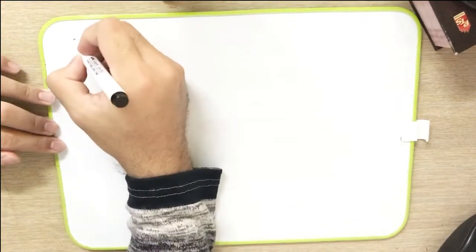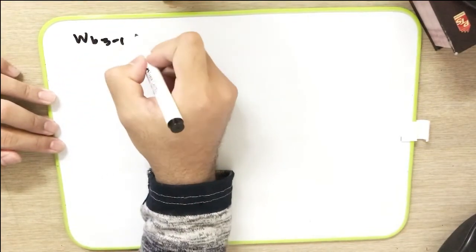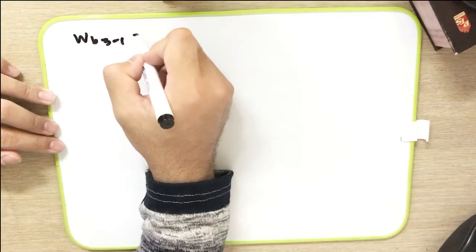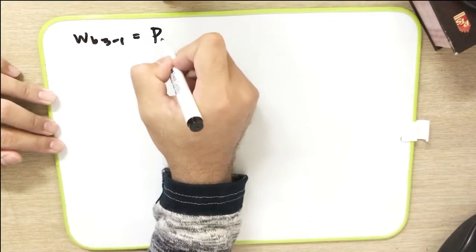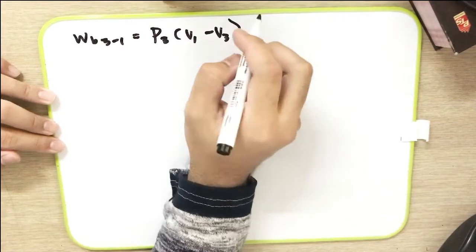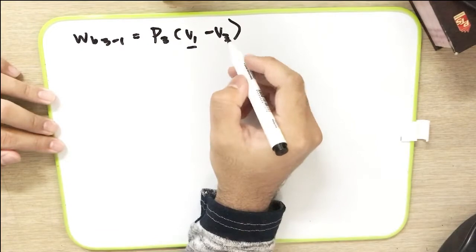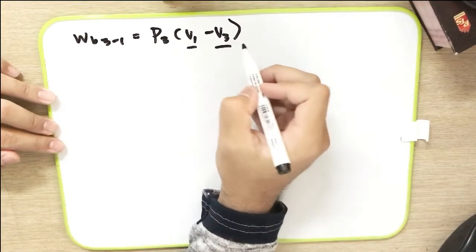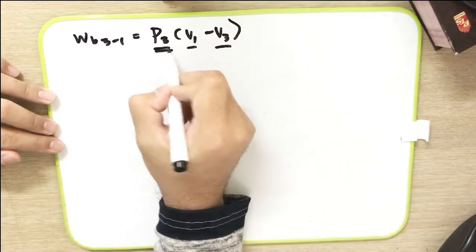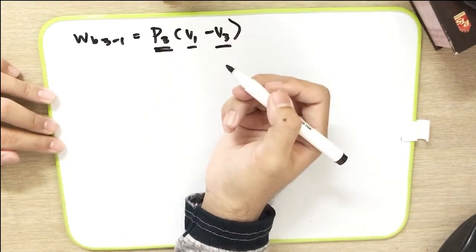Next, we find the boundary work from 3 to 1, which is at constant pressure, or isobaric, so we use this equation, P3 times V1 minus V3. Just now we have already found V1 and V3. P3 we know is the initial state pressure, so we just substitute everything.